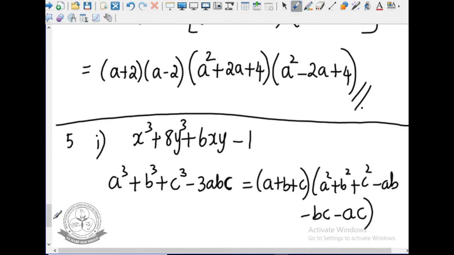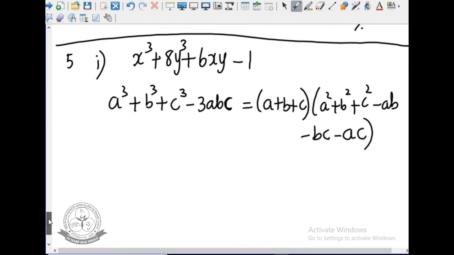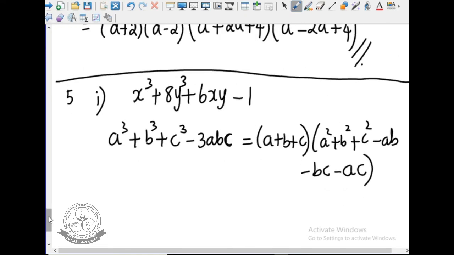See here, x cube is written as x whole cube, then 8y cube is nothing but 2y whole cube, then we have a c cube term. So the c cube term is nothing but minus 1. So how can it be written?